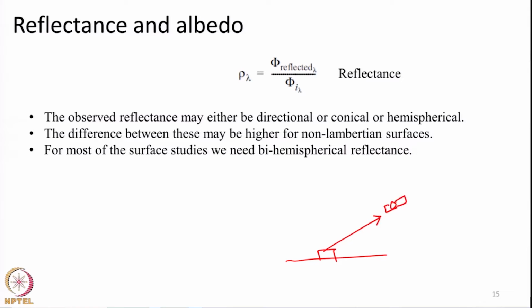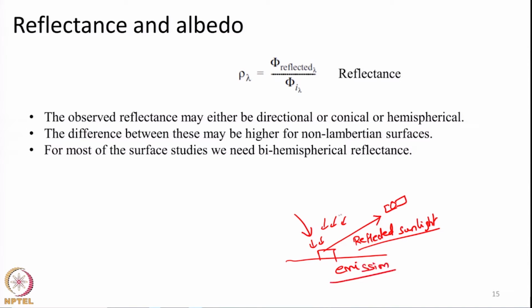This energy can be reflected sunlight, that is, the sun gives us energy or radiation, and a part of this incoming sunlight will be reflected by the object, or the skylight component, the diffuse radiation, will also be reflected. So, essentially it is a reflection, or it can also be an emission from the object.